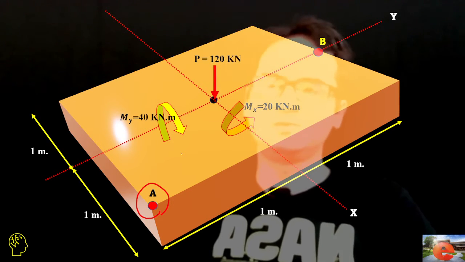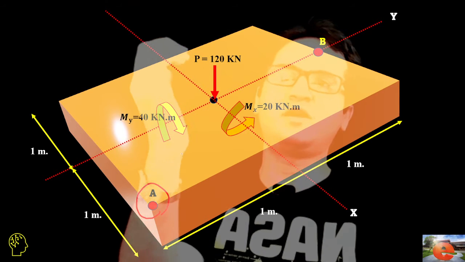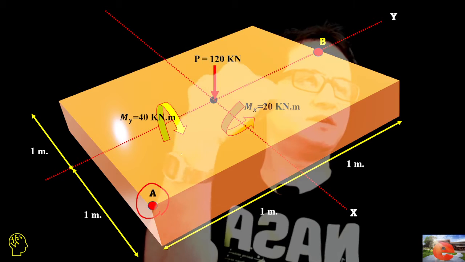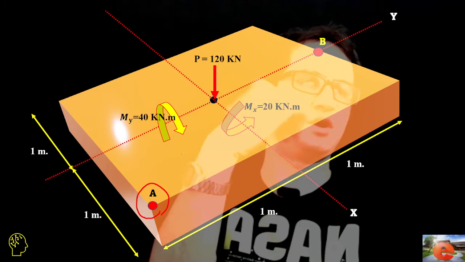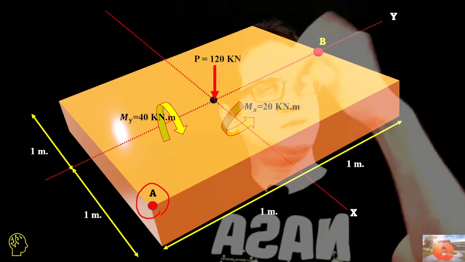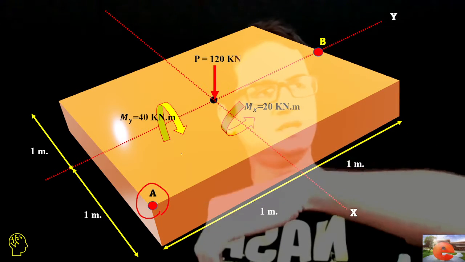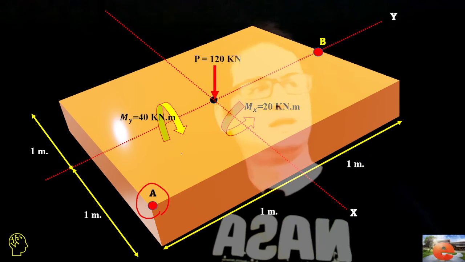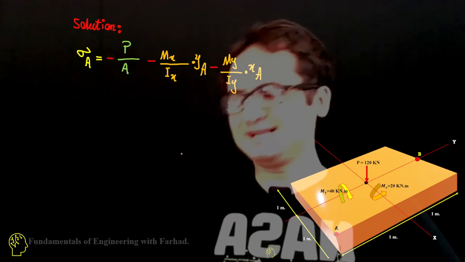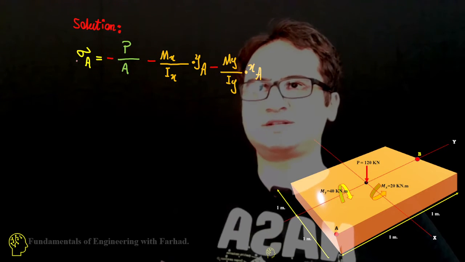If you just consider My, you can easily see its effect is a push on point A. And the effect of Mx is a push at A and a pull at point B. So we can write down the equation for stress at point A.